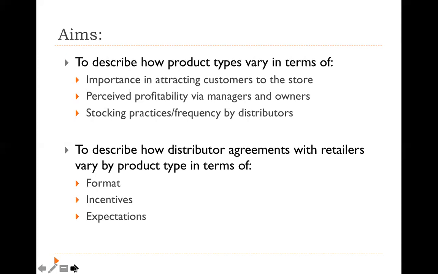I will say that these results from the quantitative data have been published in 2 papers in peer-reviewed journals. The work that Joel presented has also been published in a separate paper. So we have a series of papers that describe these results, and we'd be happy to share those with you if you want more depth on these topics.